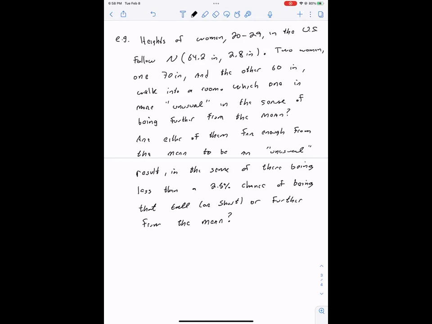So we know that one's 5.8 inches, one's 4.2 inches, but are either of them so far away from the mean that we consider it an unusual height?